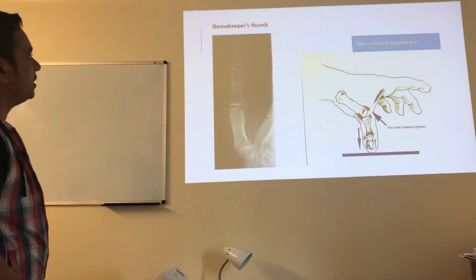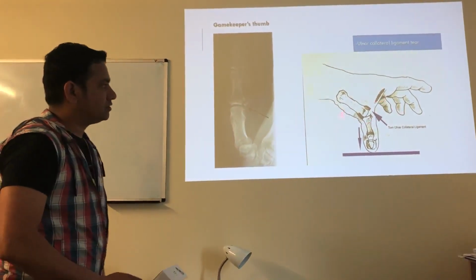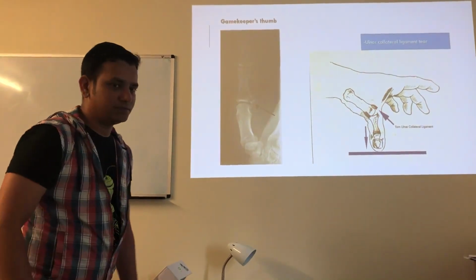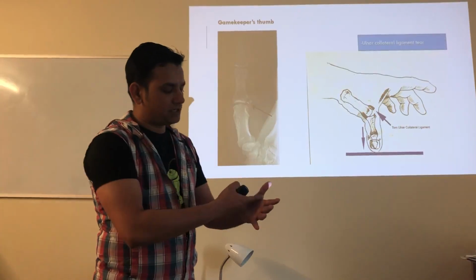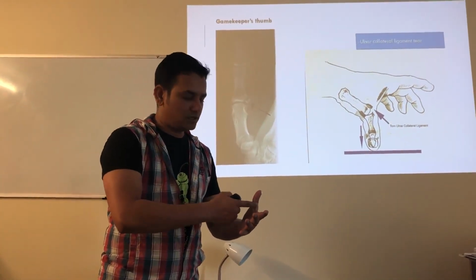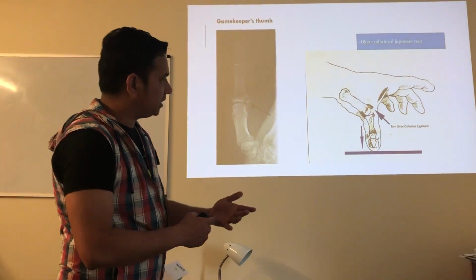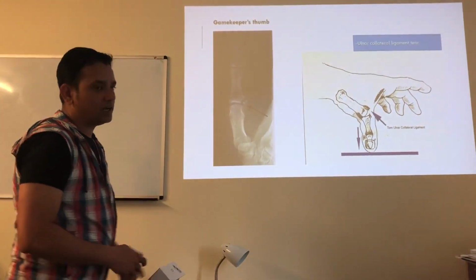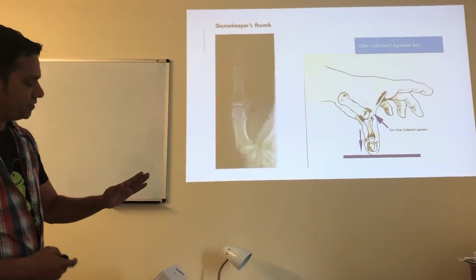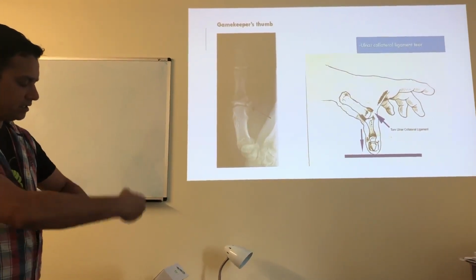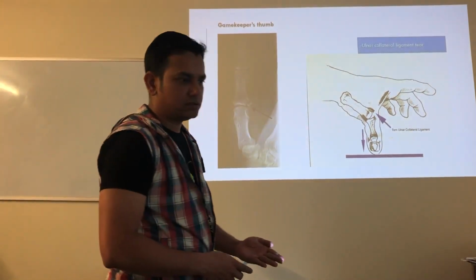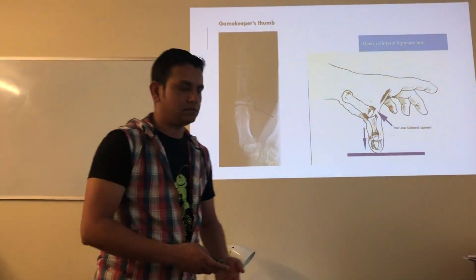Again it is unstable because of the attachment of ulnar collateral ligament. They didn't say medial collateral or lateral collateral, they said it's ulnar collateral ligament. If it's gone, it's unstable, you need to get a hand surgeon involved. However, if you can keep it splinted this way, you can get them seen by the orthopedic surgeon or the hand surgeon the next day also.